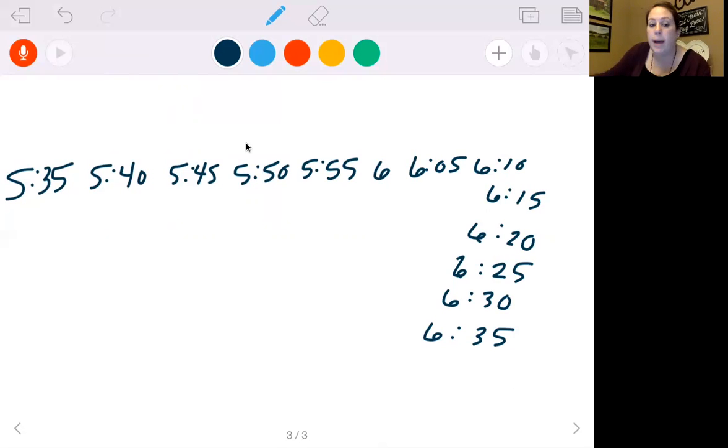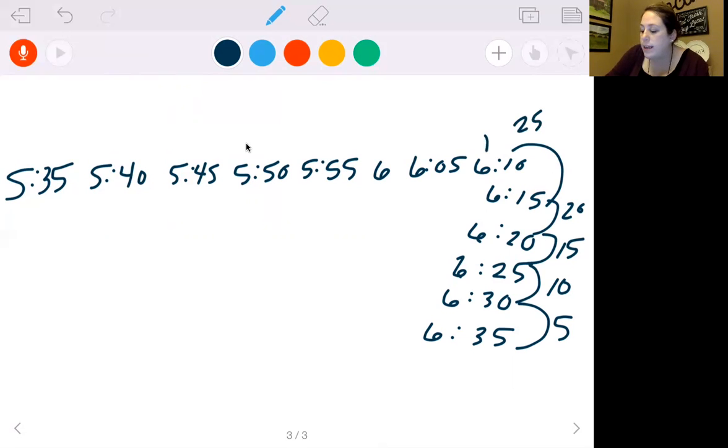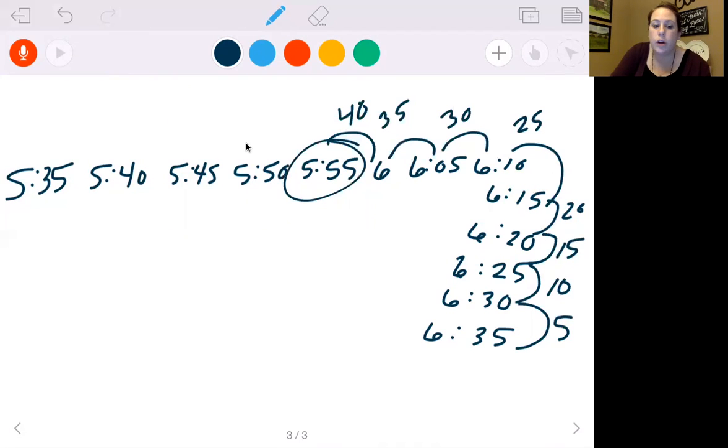So we're going to skip count backwards till we get to 40 minutes. So 5, 10, 15, 20, 25, 30, 35, 40. So we stopped at 40 minutes and that ends at 5:55. So that's when she started.